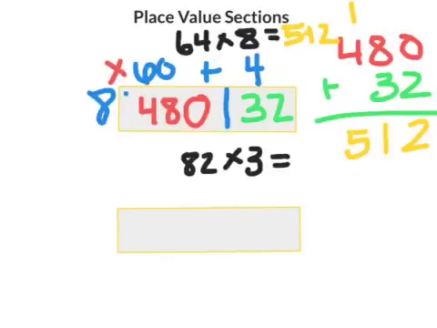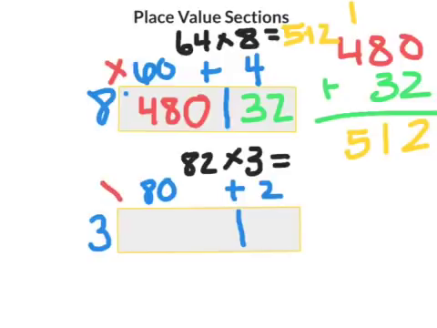So down here, I have 82 times 3. So again, I have to break apart that 82 into place values. So I have 80, and then I have 2, because we know 80 plus 2 in expanded form equals 82. And then I'm left with a 3, which I need to put on the side. Then I'm going to do 80 times 3, but really I can just do 8 times 3, which we know equals 24.